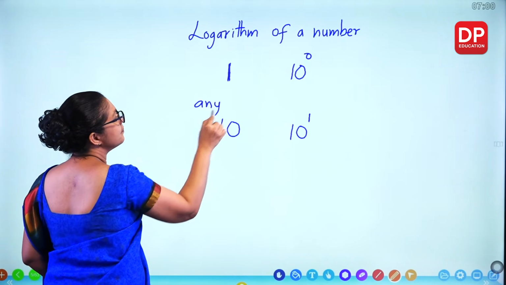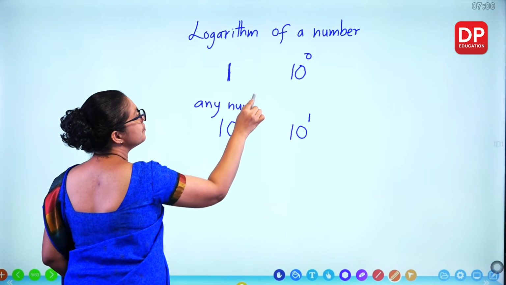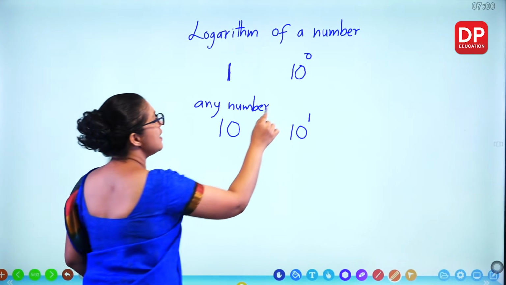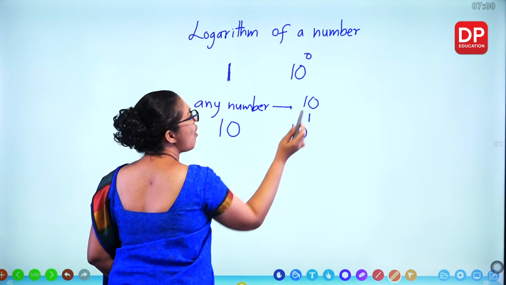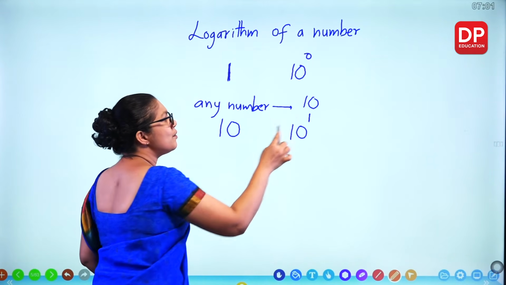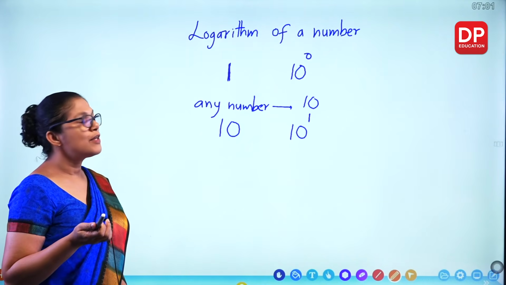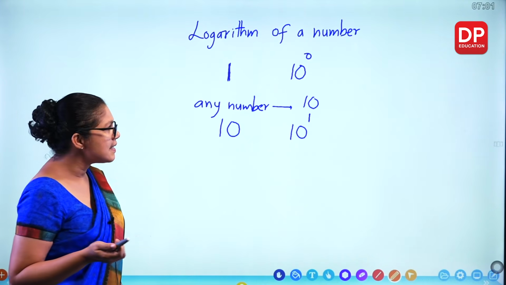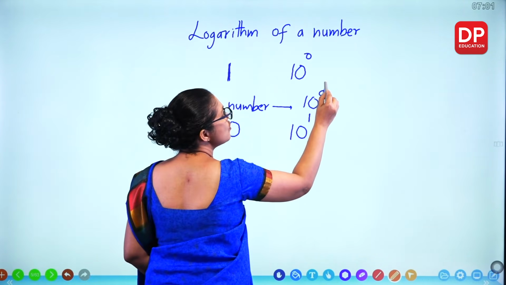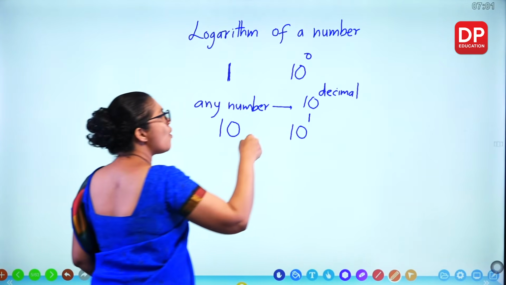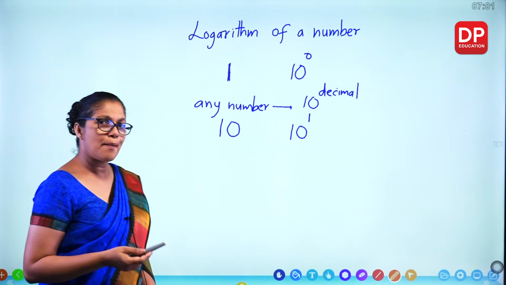Any number in between 1 and 10 should be 10 to the power of a value in between 0 and 1. What are the values in between 0 and 1? Those are decimals. So definitely this should be a decimal number. Now how can we find those numbers?